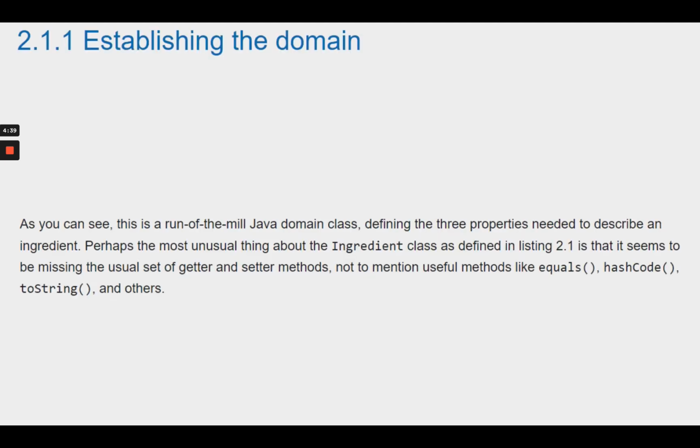As you can see, this is a run-of-the-mill Java domain class, defining the 3 properties needed to describe an ingredient. Perhaps the most unusual thing about the Ingredient class as defined in Listing 2.1 is that it seems to be missing the usual set of getter and setter methods, not to mention useful methods like equals, hashCode, toString, and others.